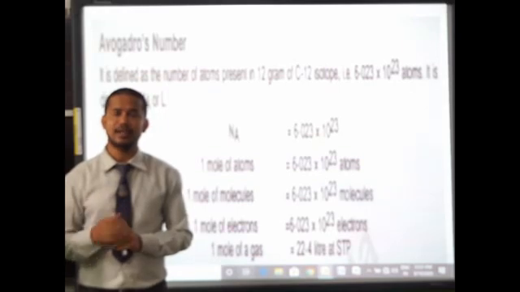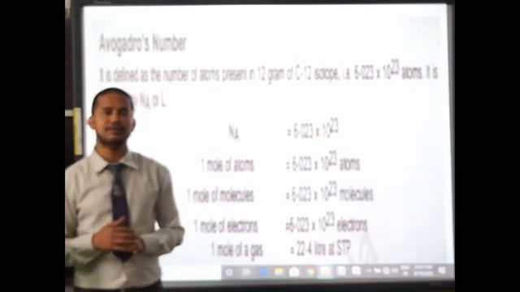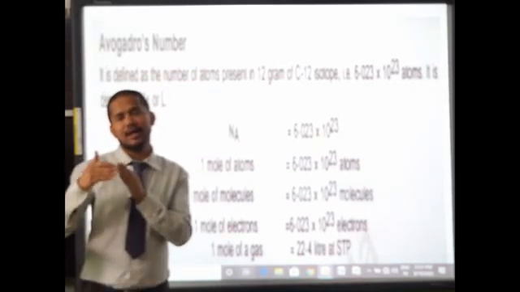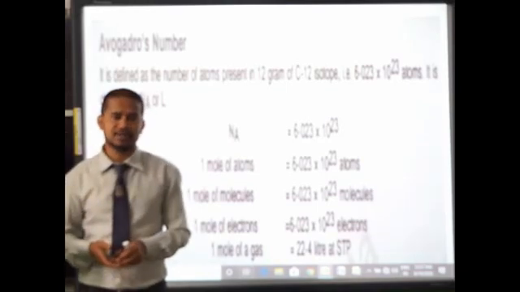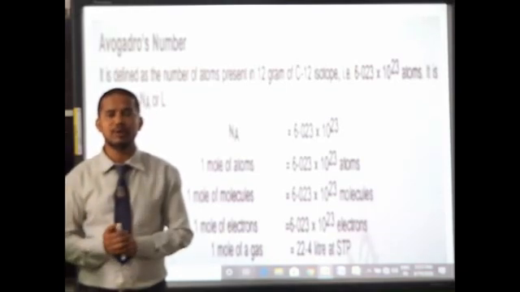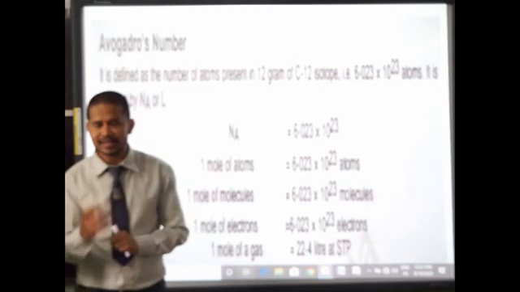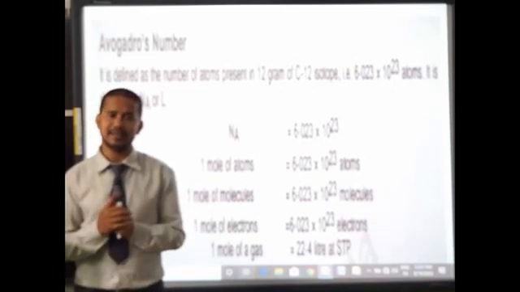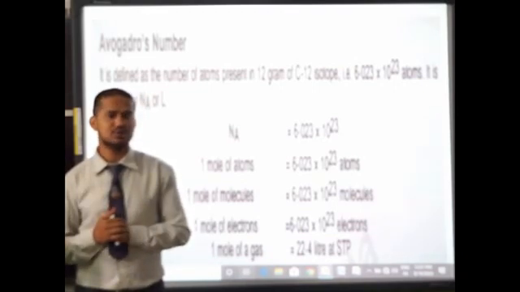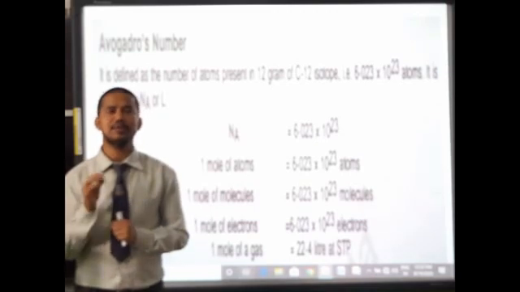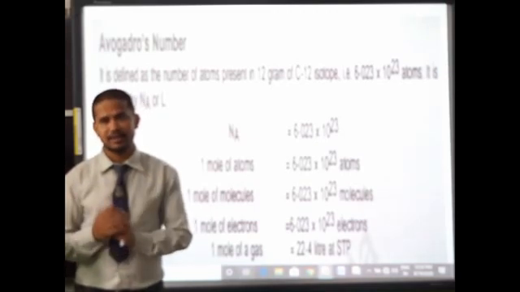Means if I say 22.4 liter of hydrogen, how many molecules are present in 22.4 liter of hydrogen gas at STP? Then you can say it is 6.022 × 10^23 molecules of hydrogen gas.